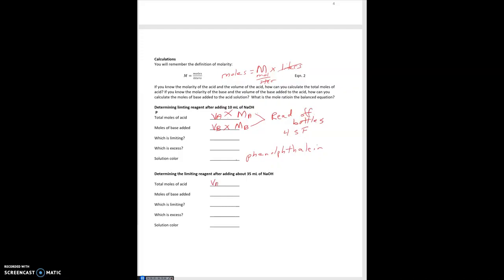It's going to be volume of the acid times molarity of the acid, which won't change, will it? Because you had the same volume of the acid in both cases. But the moles of base is going to equal the volume of the base now added, and that's the total volume of the base. And again, decide which one is limiting and which one is in excess, just like you did before.